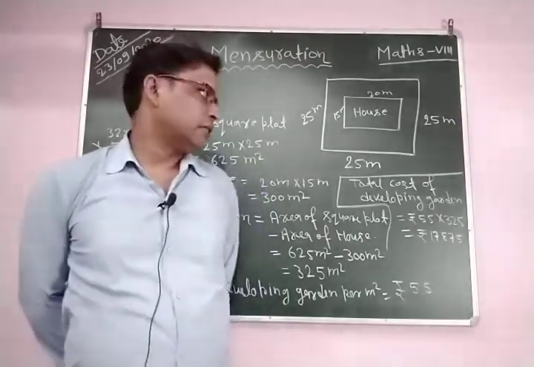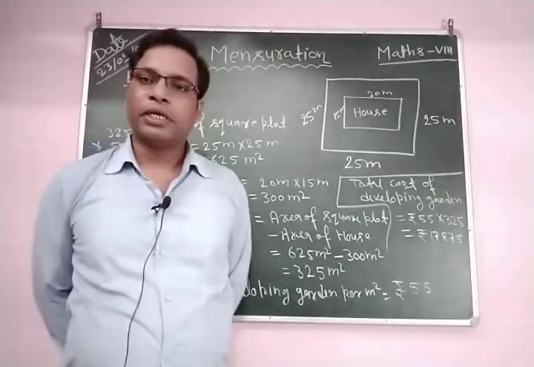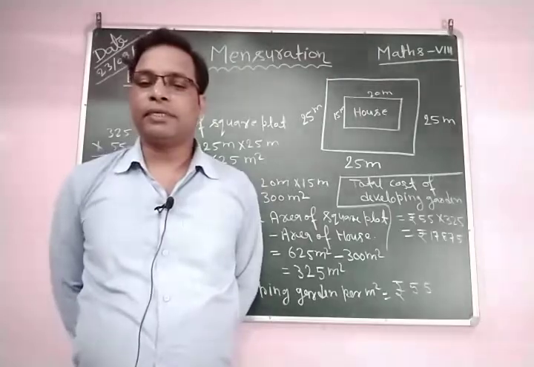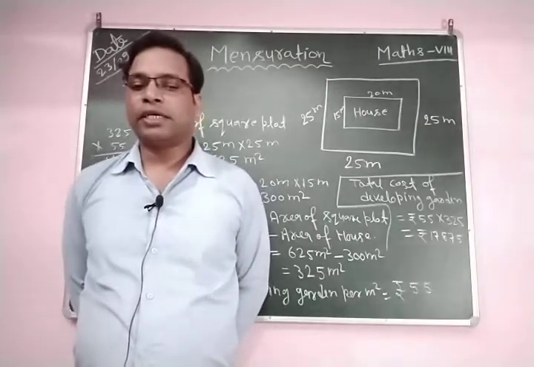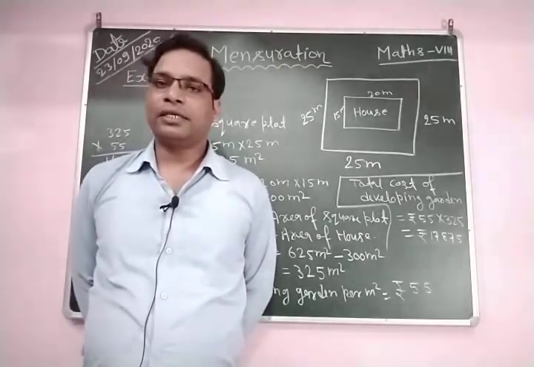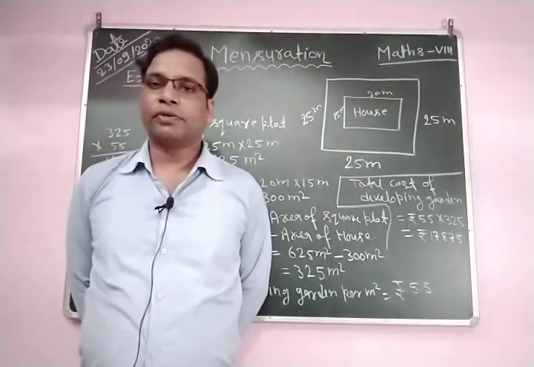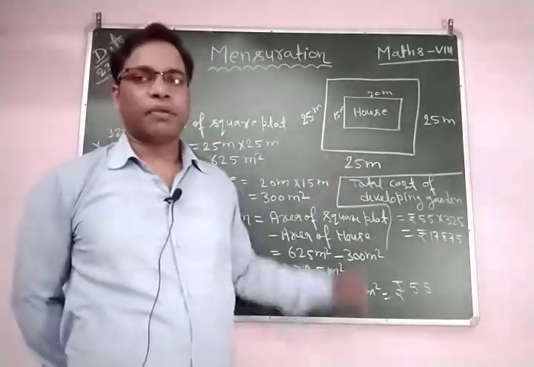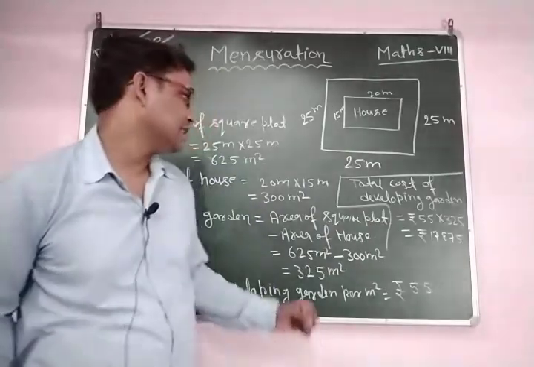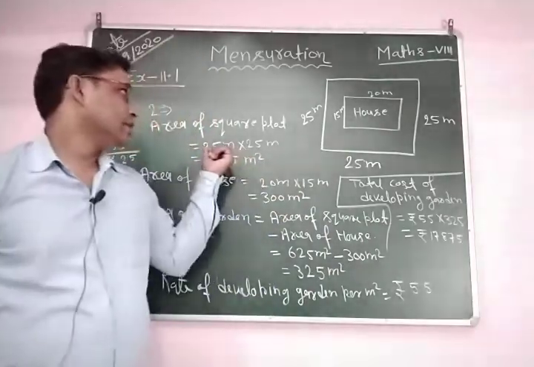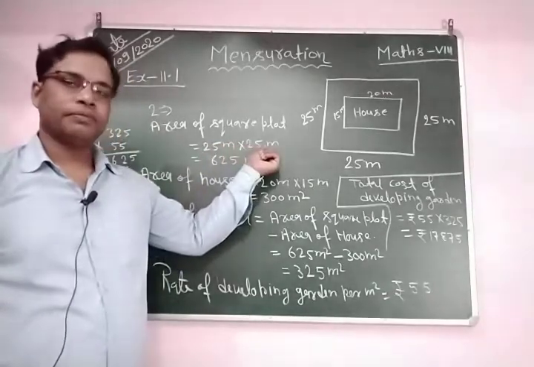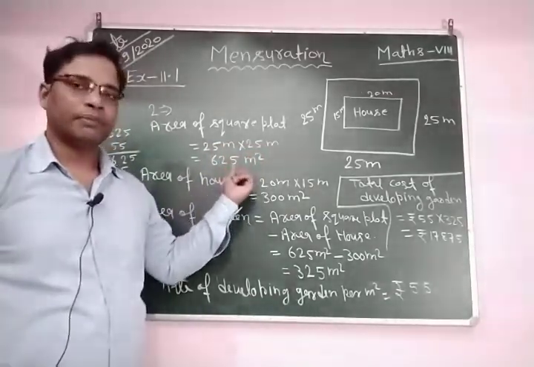The cost of developing the garden is 55 rupees per meter square, and we need to find the total cost of developing the garden around the house. First we find the area of the plot, 25 into 25 meter, which is equal to 625 meter square.